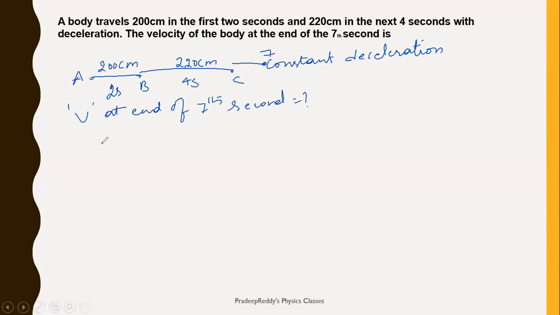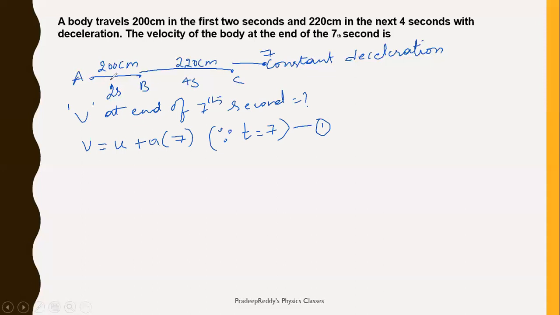In order to find that, we will be using the basic equation v is equal to u plus a into t, and as you are finding the velocity at the 7th second, you can write t as 7. So after 7 seconds, what is its velocity? Let me take this as equation 1.